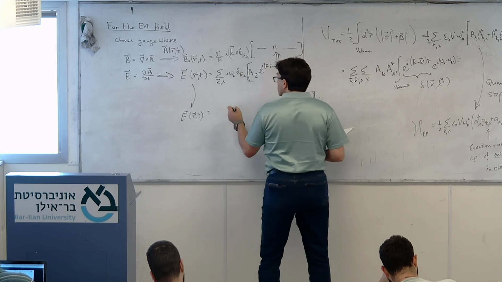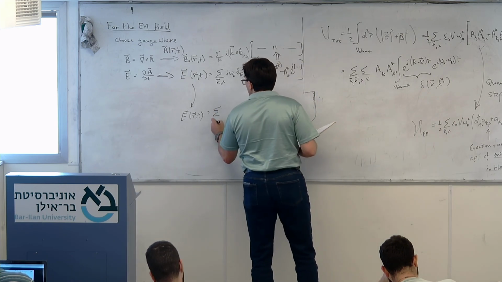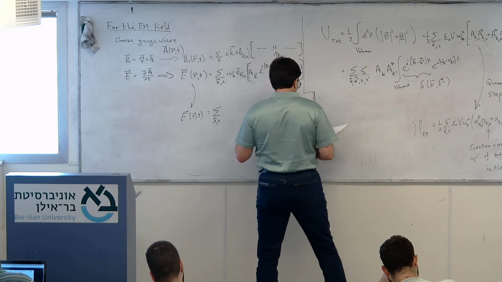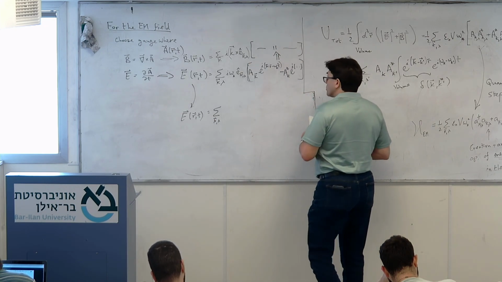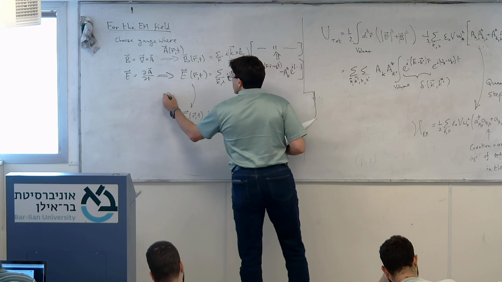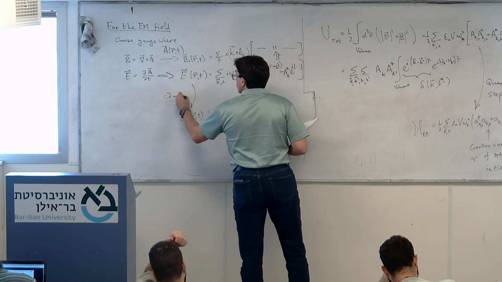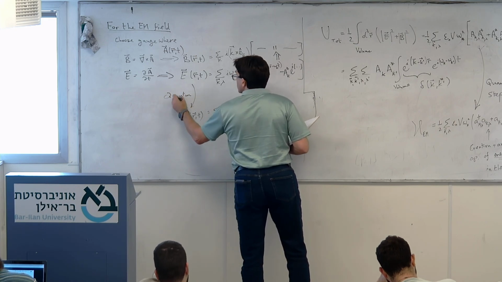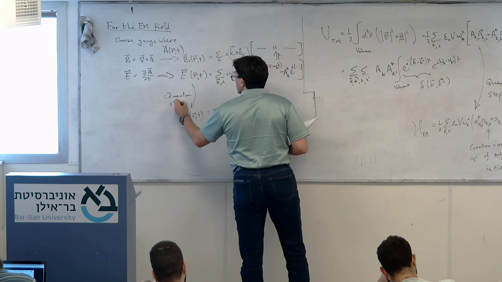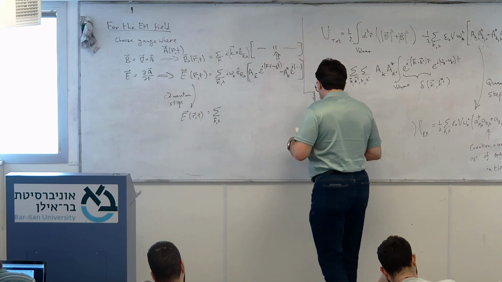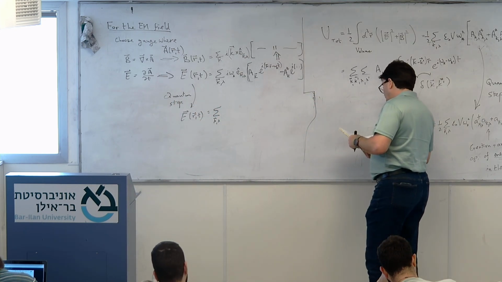Yeah, okay. Sum over k and lambda as always. And then what? Then this is the quantum step, or going quantum by this.